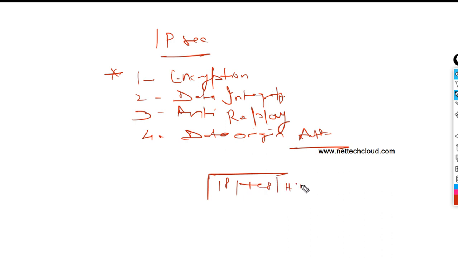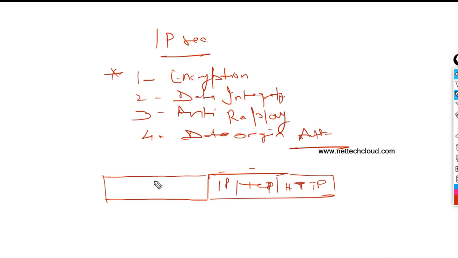If it's a standard TCP-based application, for example HTTP, the packet has a TCP header, IP header, and HTTP. So IPsec VPN means two additional headers will be attached to it: a new IP header, ESP header, and authentication and ESP trailer.